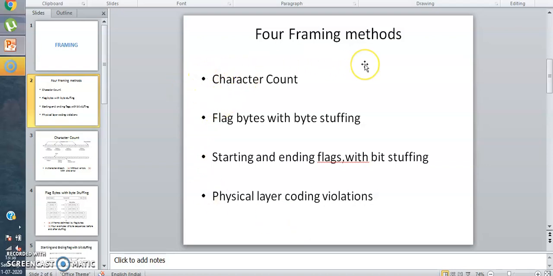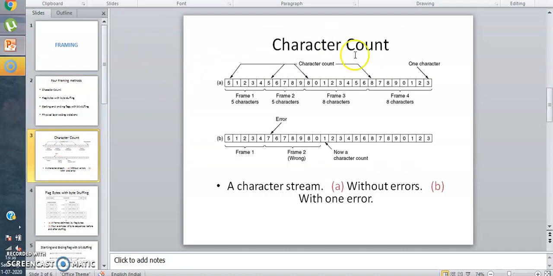First one, character count. What is this character count? The character count method uses a field in the header to specify the number of characters in the frame. Here, if you see, this is the character count.